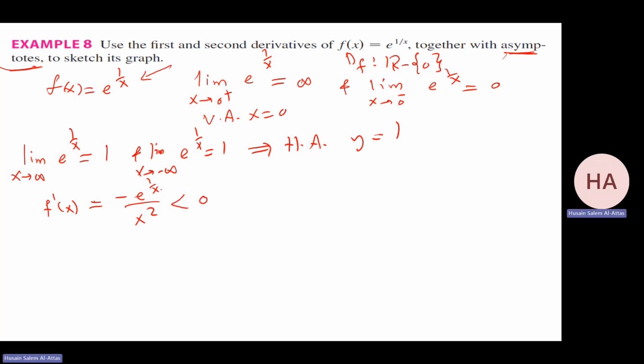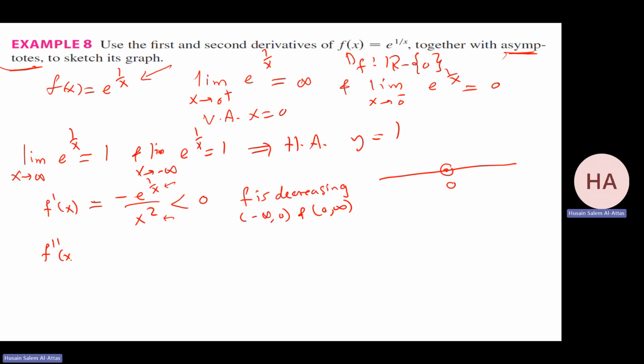You notice this is positive times minus, so this is always negative. It means the function is decreasing. But I need to be careful. When I put the number line, I need the 0 to be open. So it's decreasing from minus infinity to 0, and from 0 to infinity.